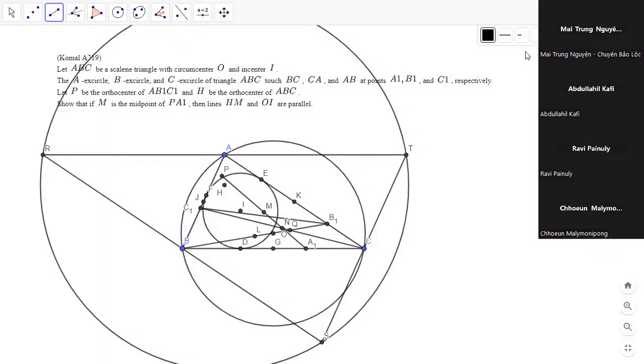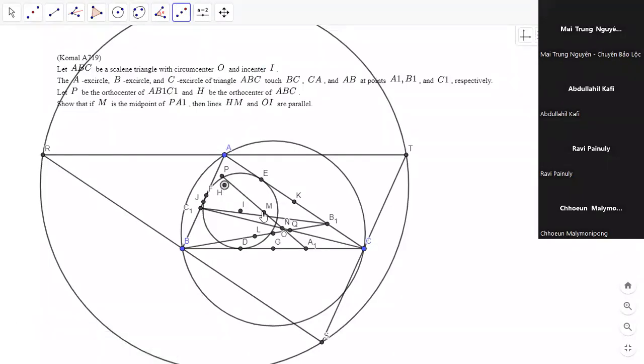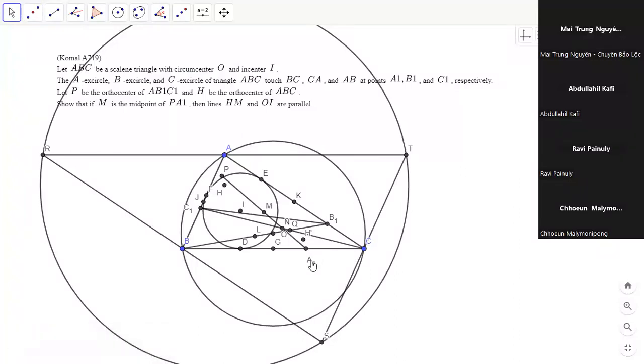Reflect H across M. Oh, whoops, that's midpoint, not reflection. So that's H prime. A1 H prime is parallel to AI.